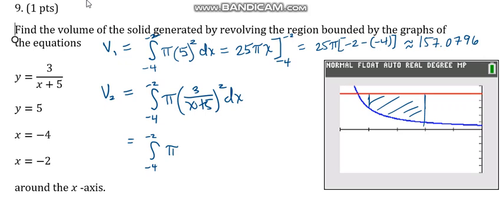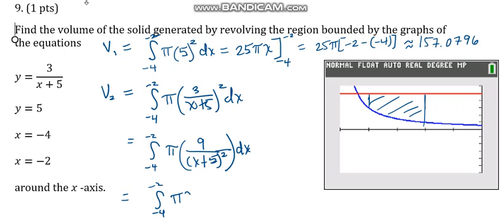Okay, so if I write it now as 9 over the quantity x plus 5 squared, and then convert, we can now find the antiderivative.